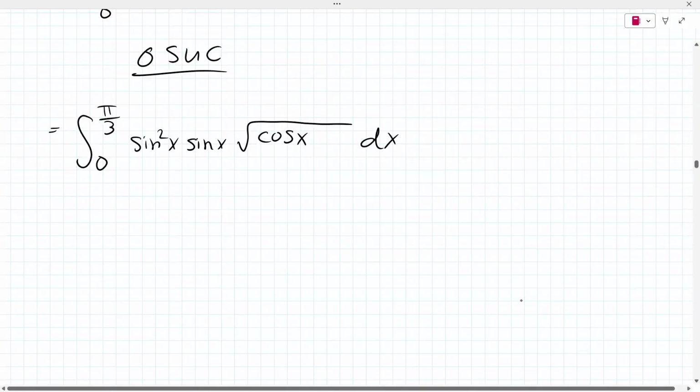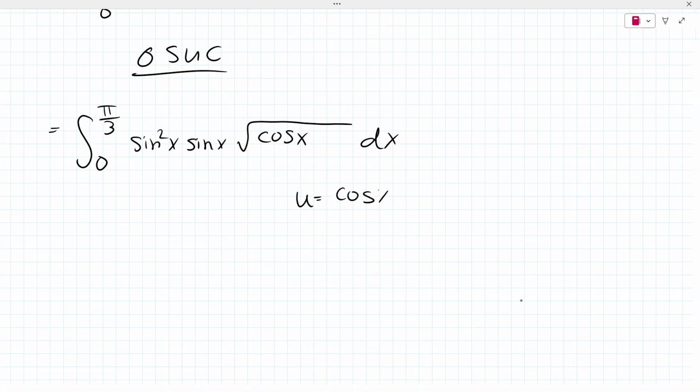And then I'm going to set u equal to cosine of x. And then my du is negative sine of x dx.